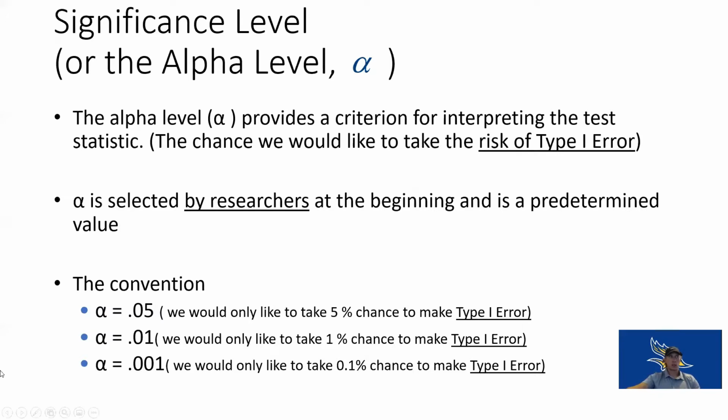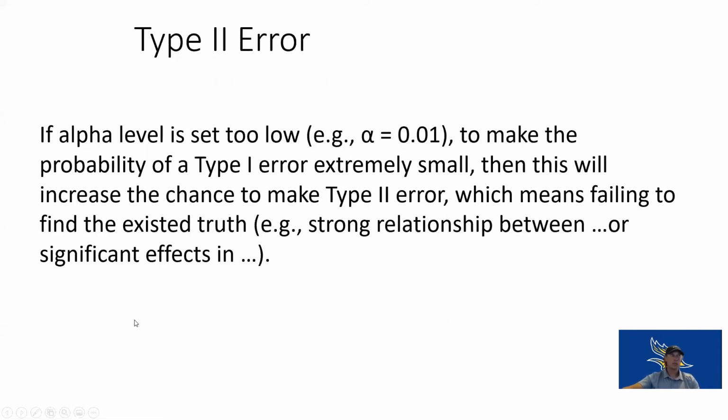Within kinesiology research, it has been kind of set or predetermined that an alpha level of 0.05, or a 5% chance of a type 1 error, is what we will be okay with as a holistic group. So 5%, or an alpha level of 0.05. If the alpha level is set too low, making our type 1 error really small, then that increases our chance of a type 2 error.